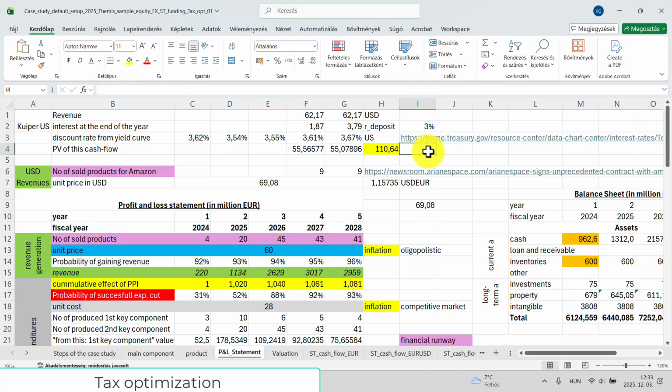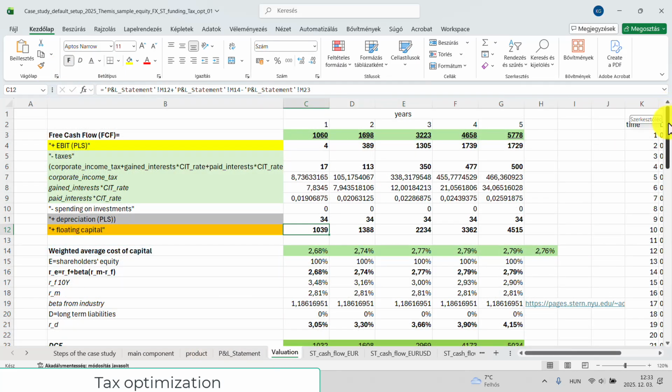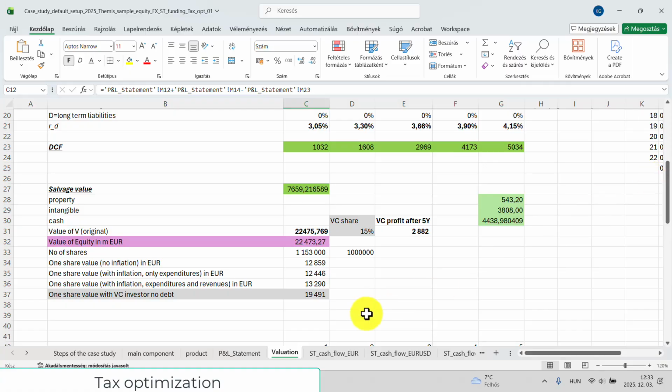So the question is, even if I'm losing some of our revenues, because now the official revenues were decreasing because I just removed this 10% markup, does it have any impact on the valuation? So this is the value of equity right now.